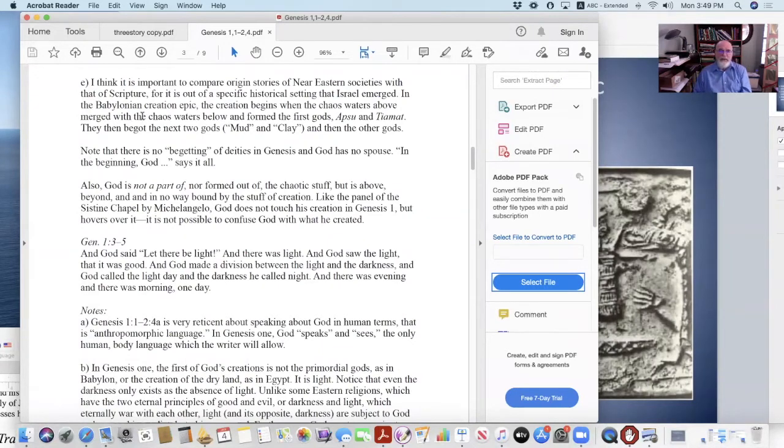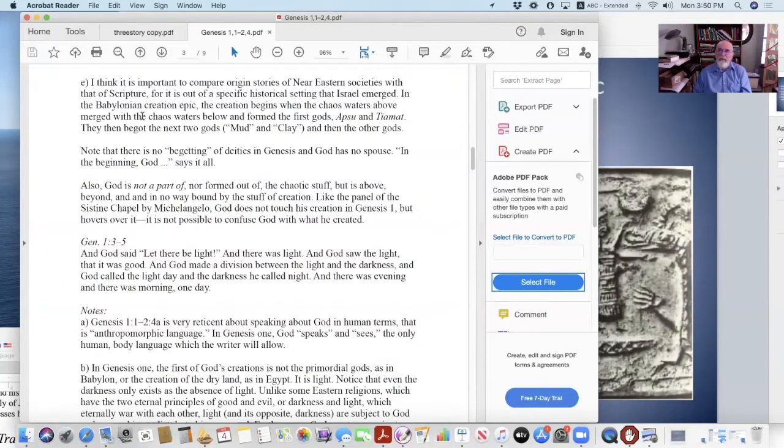In the Enuma Elish, creation begins when the chaos waters above merge with the chaos waters below and form the very first gods, and they are Apsu and Tiamat. Apsu, a male deity, Tiamat, a female deity.